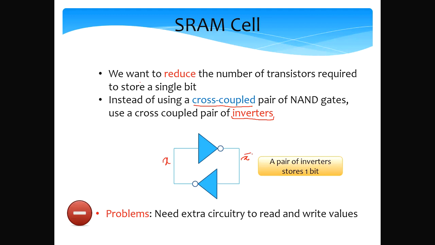And how many transistors does this require? If you recall, the structure of an inverter required two transistors, a PMOS transistor and an NMOS transistor. Since one inverter requires two transistors, we need a total of 4 transistors in this structure.